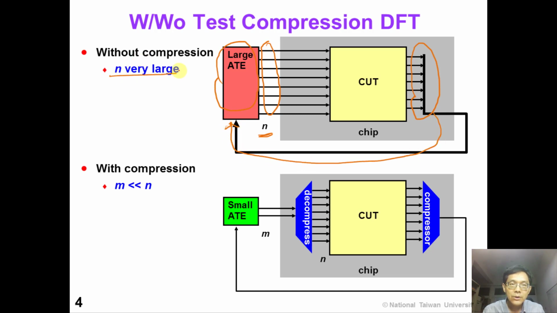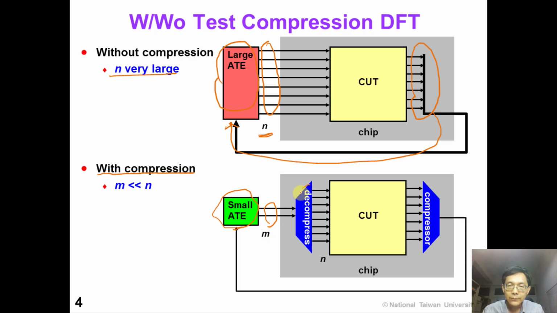The number n is very large, so the communication between ATE and the CUT is very expensive. Now, with test compression DFT, we can use a very simple small ATE which stores a very small amount of test patterns, and we send this data to the chip.